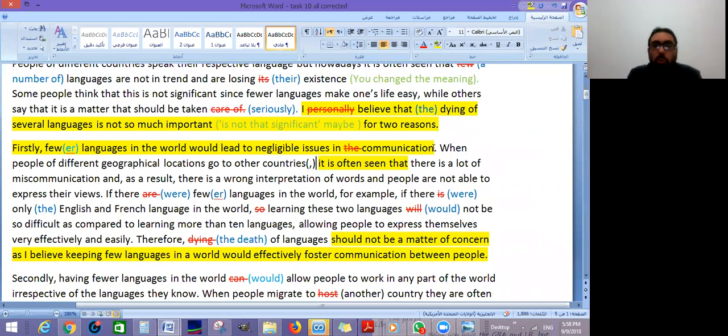So when we start off with when, if, and so on, because we usually put a comma before the main clause. It's often seen that there is a lot of miscommunication, and as a result, there's a wrong interpretation of words, and people are not able to express their views.